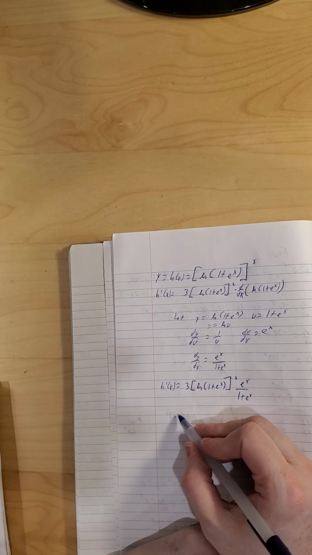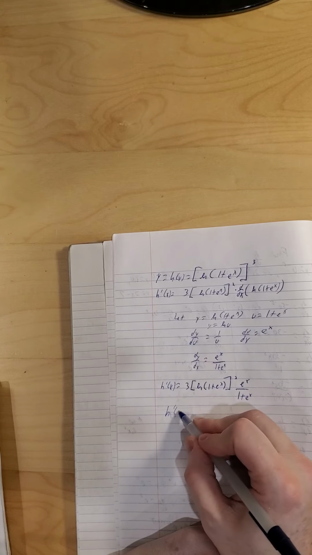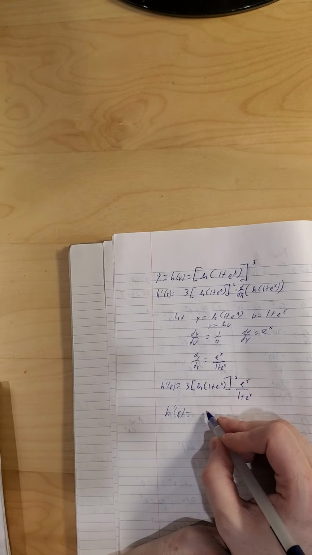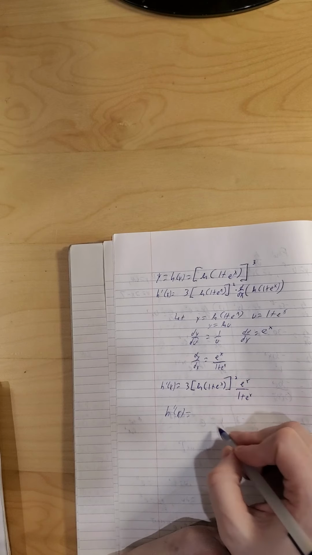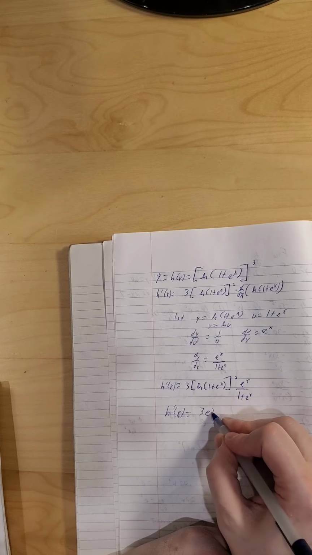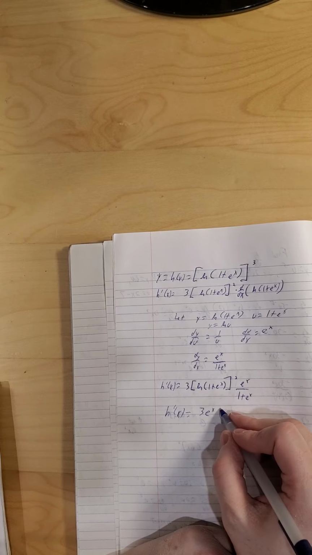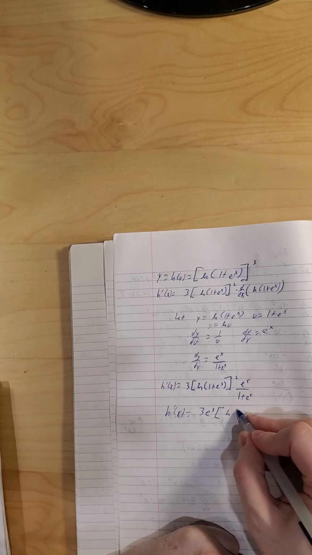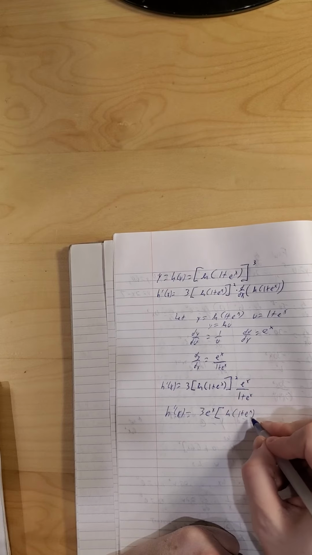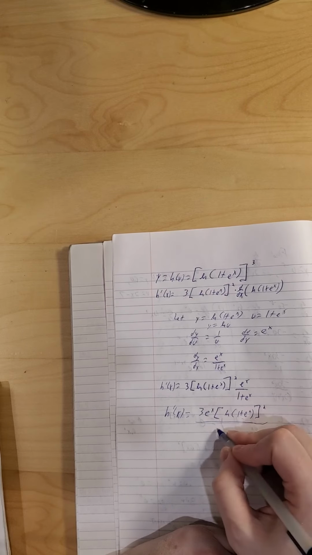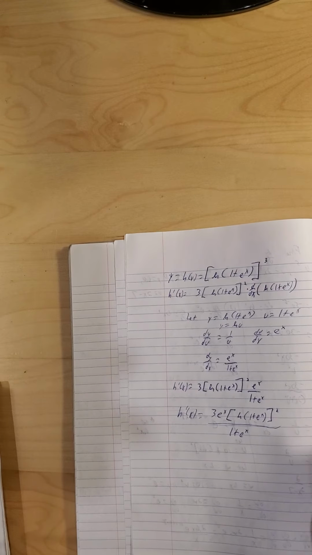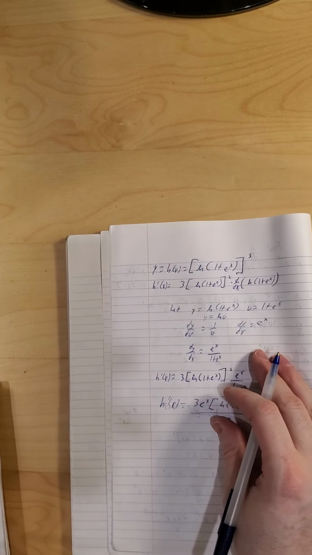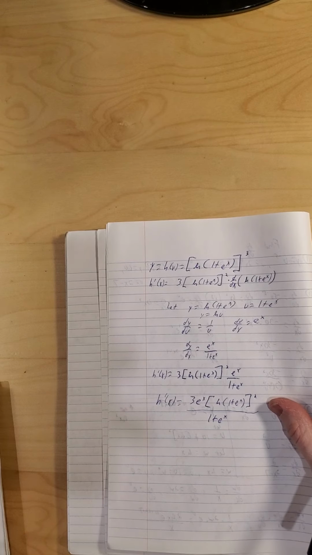So about the only cleanup they do on this is they may write it as one single fraction. So they might write it with the first powers together, h prime of x, 3e to the x, times natural log of 1 plus e to the x, quantity squared, and 1 plus e to the x downstairs. Other than that, that would be about the only cleanup to do on that problem.